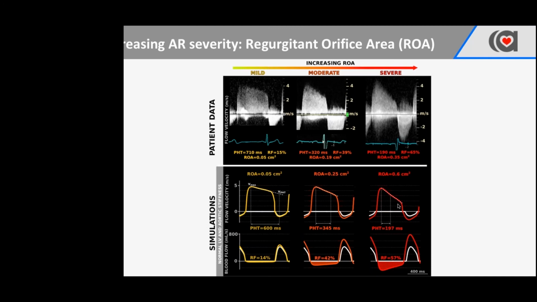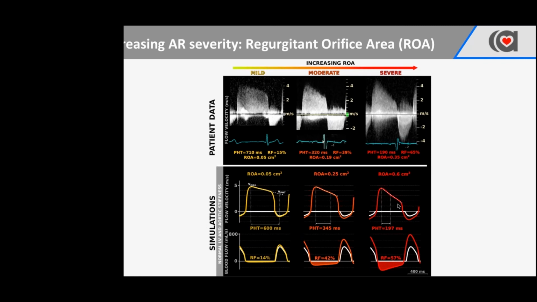So it turned out that the slope of the regurgitant velocity is not only dependent on the severity of the aortic regurgitation, but also on the severity of left ventricular fibrosis. So you should be aware that the interpretation of signals is not as straightforward as you might think originally.